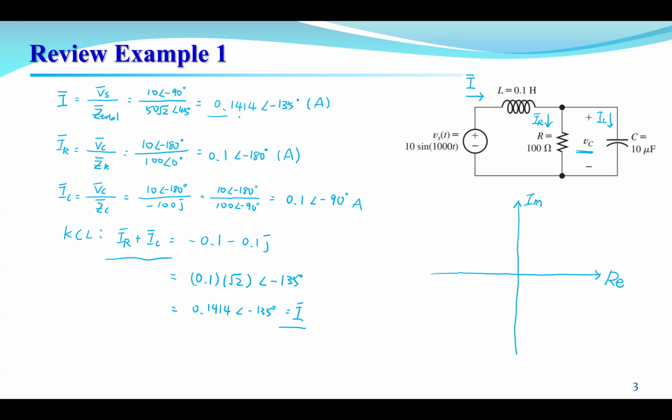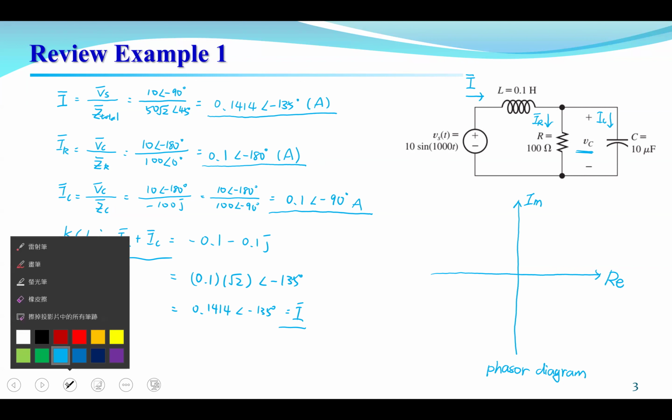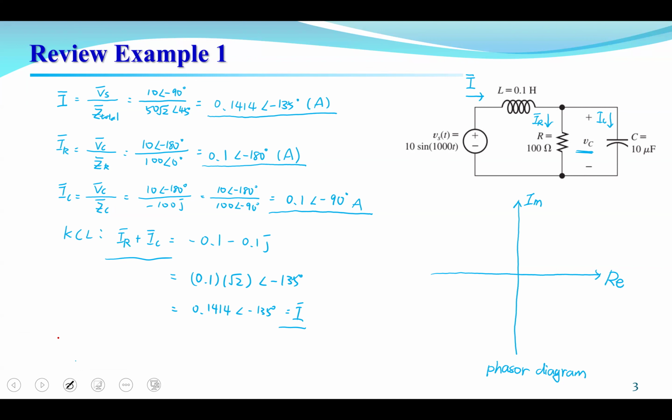To draw it, it's better to use polar form. We need to draw these currents on the so-called phasor diagram. Let me change to a different color. Let us draw IR first.